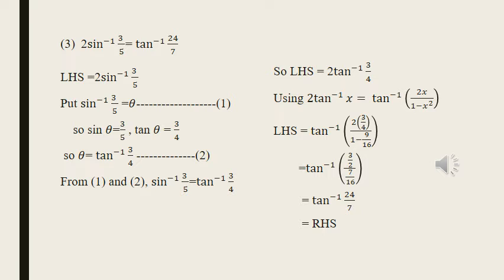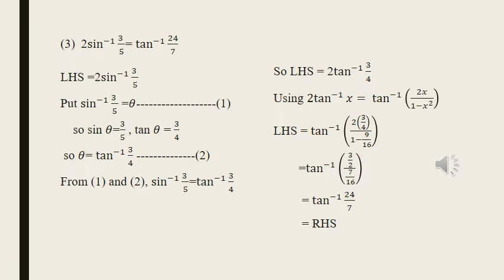Sin theta definition is opposite side by hypotenuse. So opposite side mark as 3, hypotenuse 5. So the adjacent side is 4. So tan theta equals opposite side by adjacent side. So we have tan theta equal to 3 by 4.